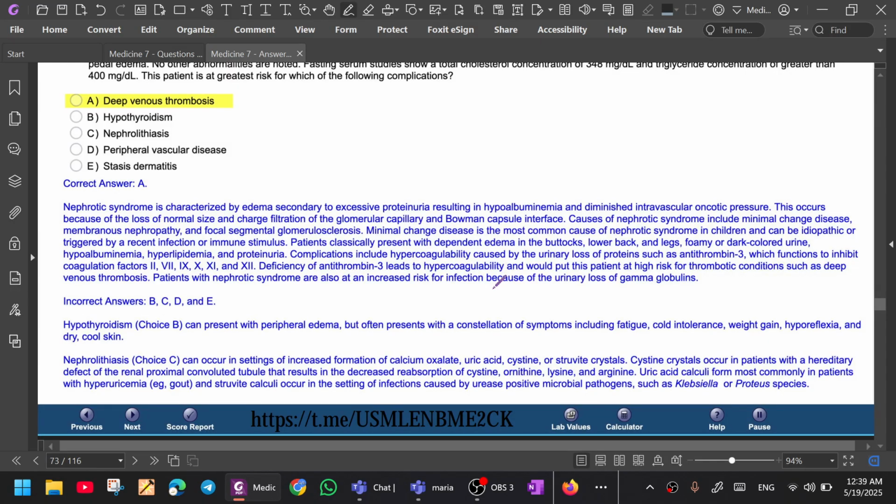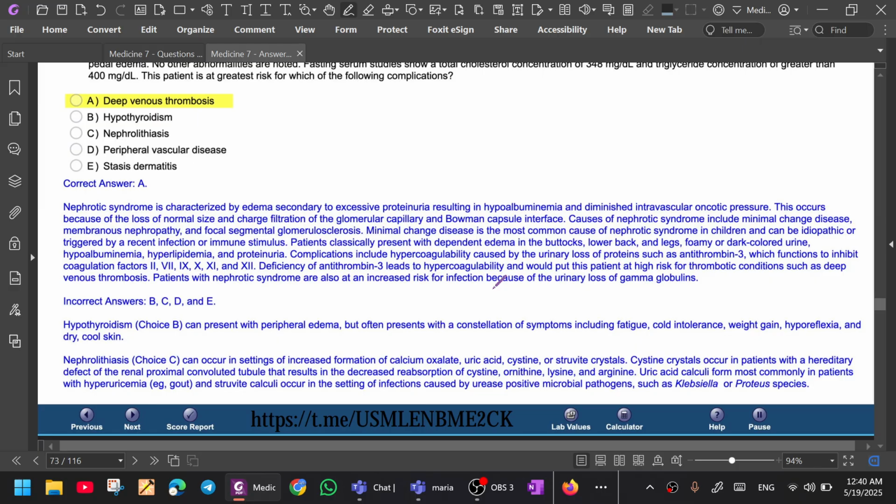Nephrotic syndrome is characterized by edema secondary to excessive proteinuria resulting in hypoalbuminemia and diminished oncotic pressure. These occur because of the loss of the normal size and charge filtration of the glomerular capillary and the Bowman capsule interface.